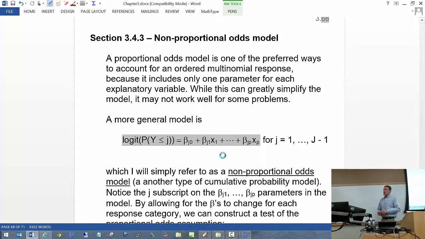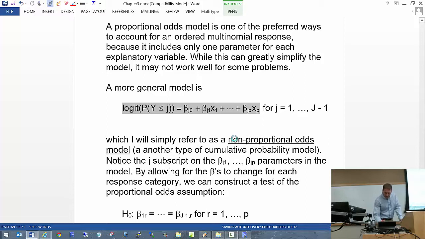Okay, so we talked about proportional odds models. Guess what? There's something called a non-proportional odds model as well. And this is what a non-proportional odds model looks like. It looks just like the proportional odds model, except now notice we do add j subscripts in there for the betas.